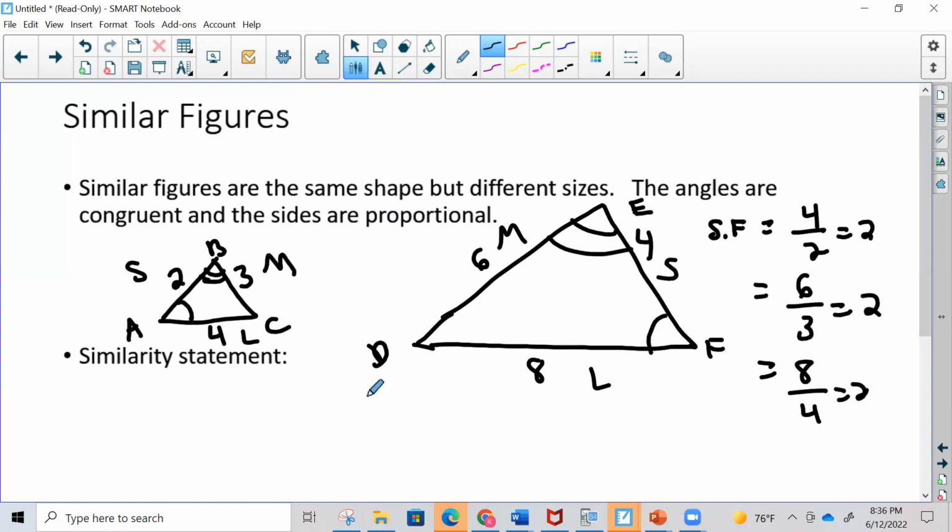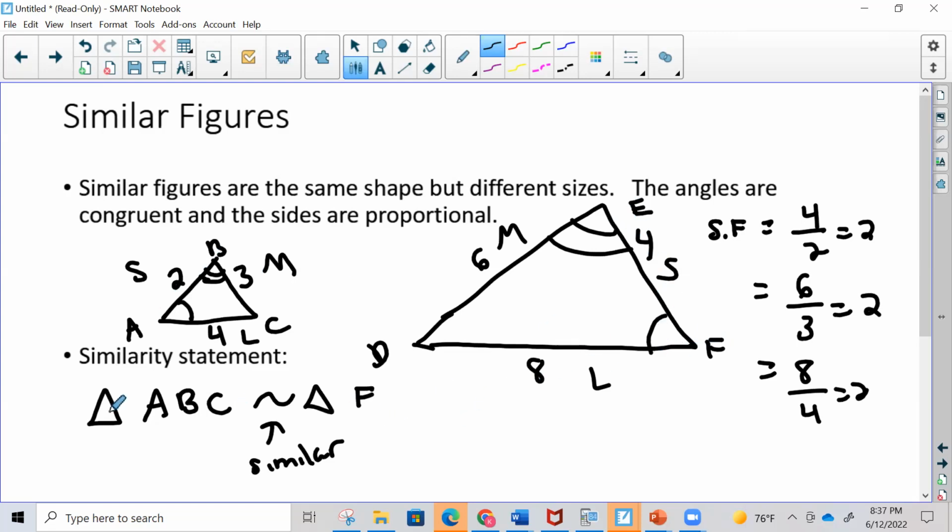Now, when you do a similarity statement, it's like a congruence statement. You write triangle and then you do any order of the first triangle and then you use this, the tilde. So that means similar. And then you match them up. Okay, so A has 1 mark, so does F. So A goes with F. You can also say, okay, AB is the small and FE is the small, so I have to go that way.